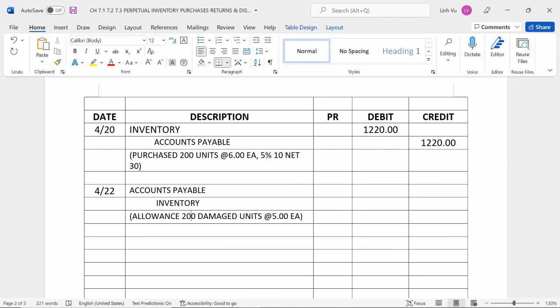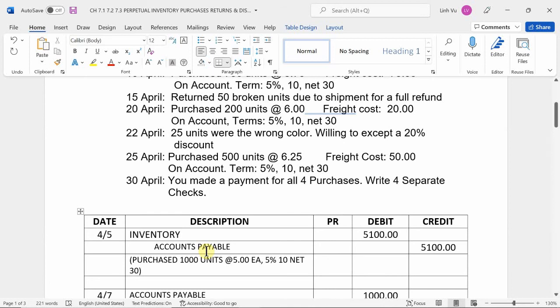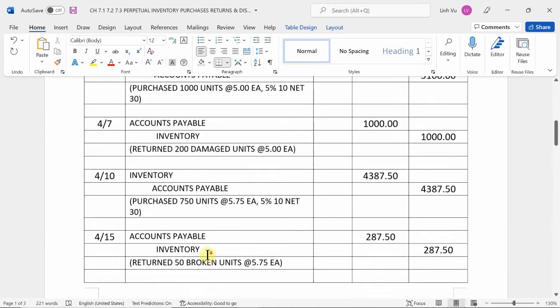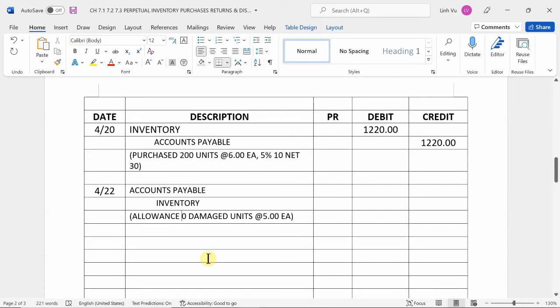Now in this case, I get an allowance on these, 25 units. So in this case, an allowance on 25 units. Okay.